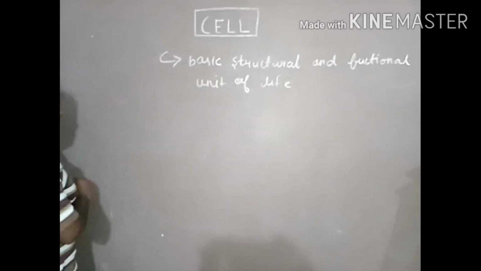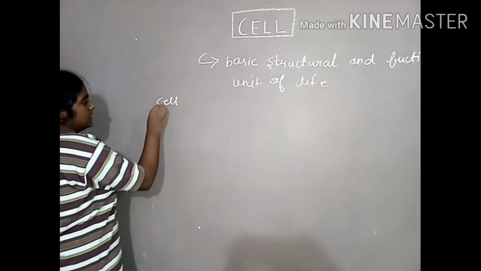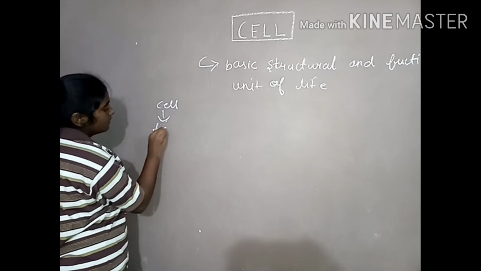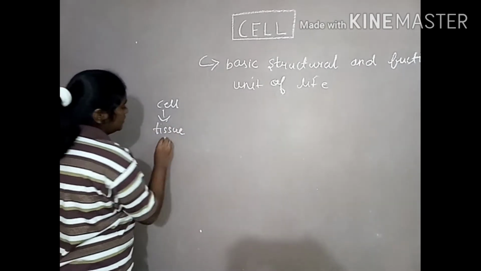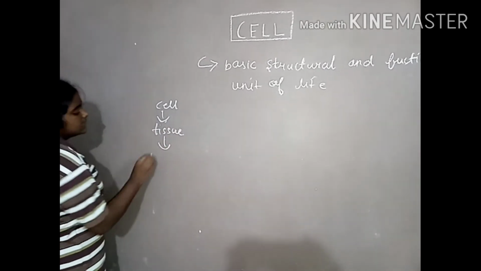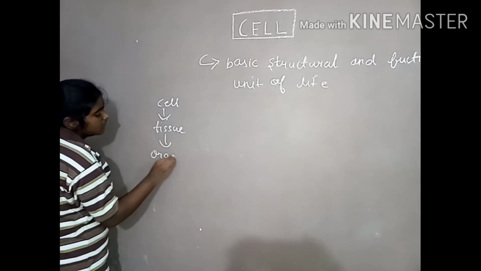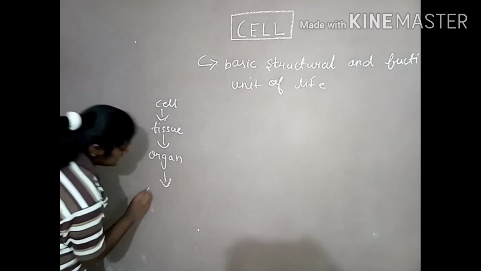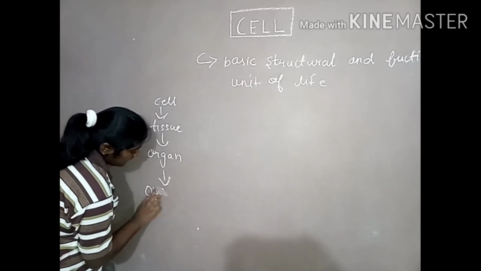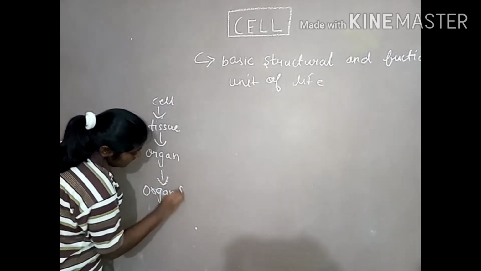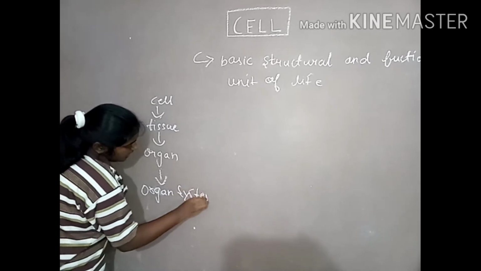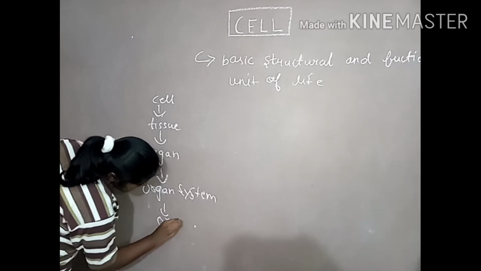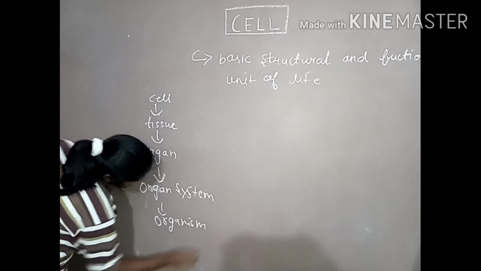To understand this, let's prove it. Cells comprise tissue. Tissue comprises organ. Organ comprises organ system. And organ system comprises an organism or a living body.